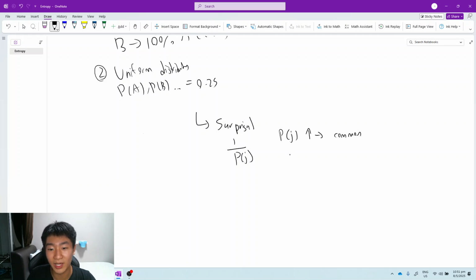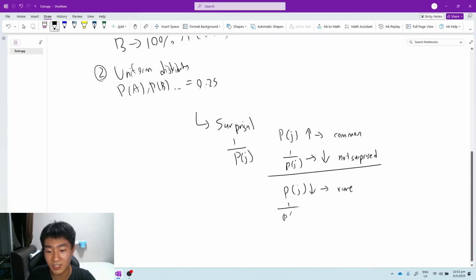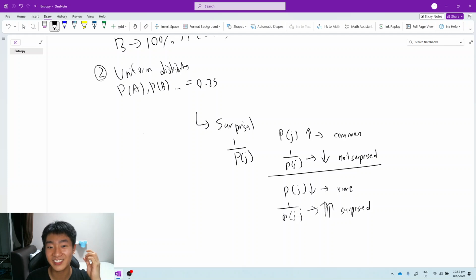Thus, when you have 1 over Pj, your output is very low, and thus you're not surprised because it's expected, it's very high probability. However, when your probability of J is very low and it's rare, your 1 over Pj, or your surprisal, is going to be very, very high because you're very surprised that the output is actually the super rare output that you didn't expect. And thus, this is an important term in the equation.